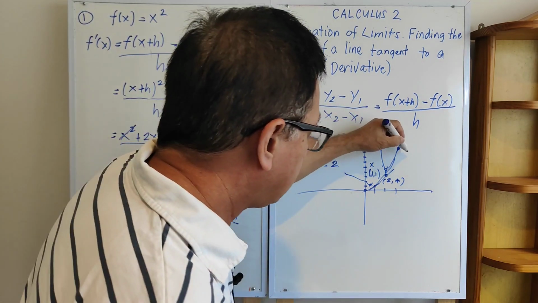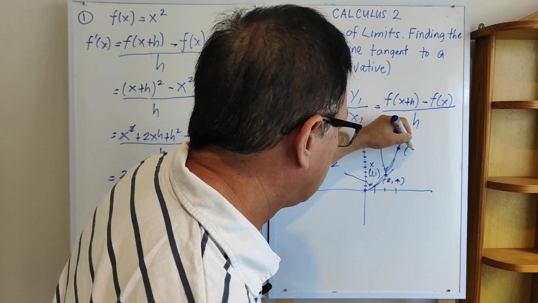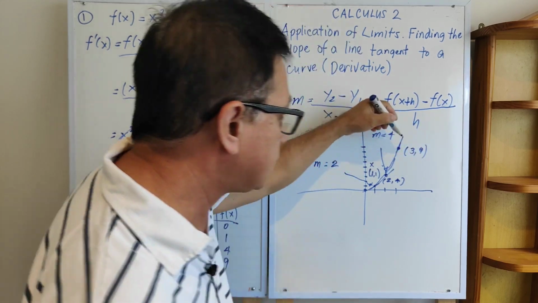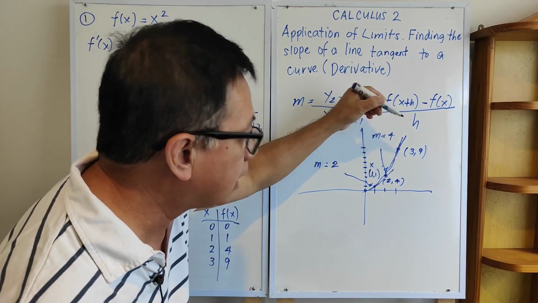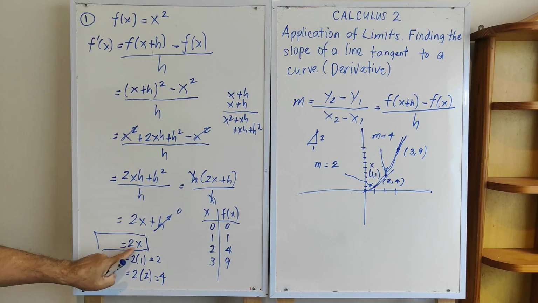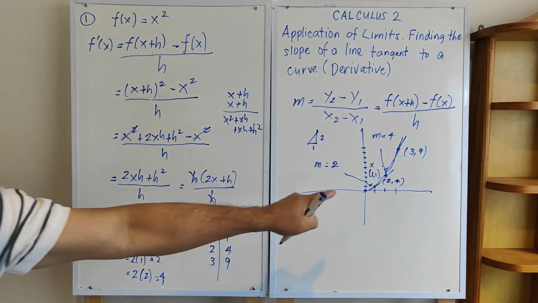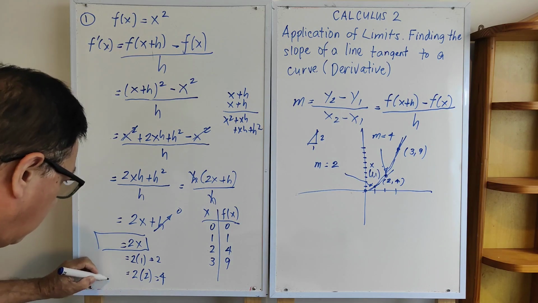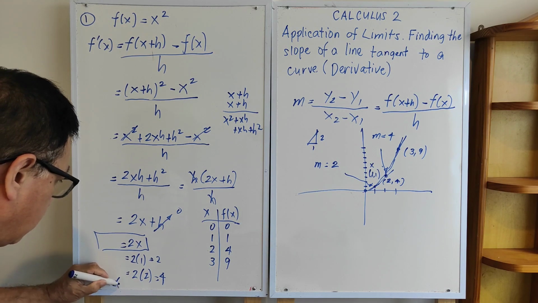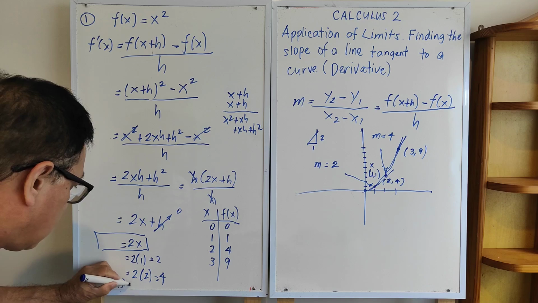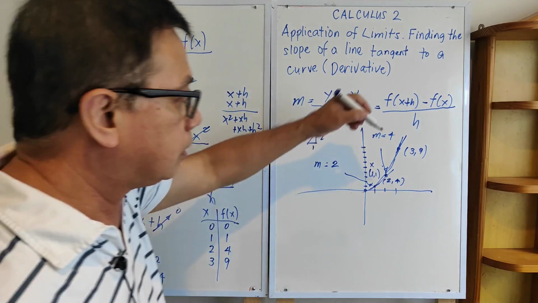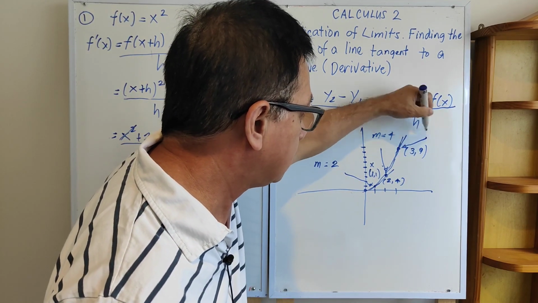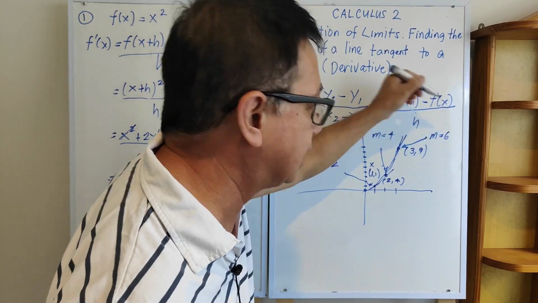Let's say this is 3, 9. What is the slope at 3, 9? We just plug in 3, this is your x, in here. So 2x is 2 times 3. This is 6. So the slope at this point is 6.